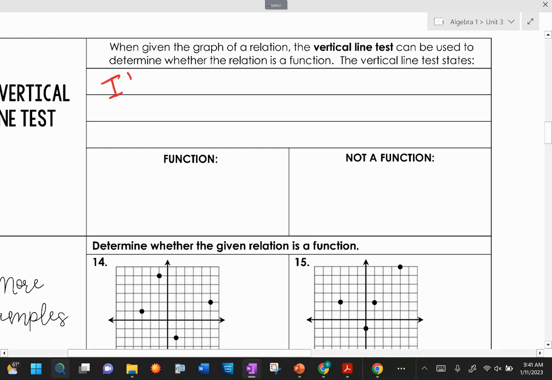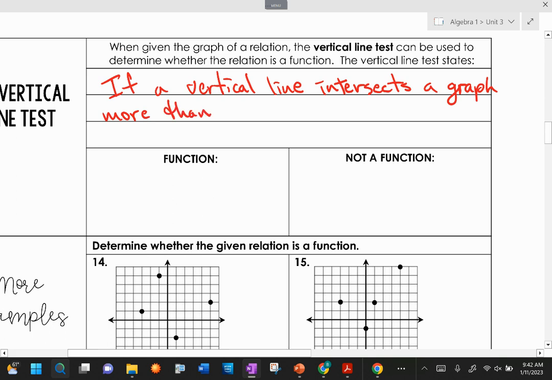It's a test that we use that says if a vertical line intersects a graph more than once, then it is, oh no, it is not a function.